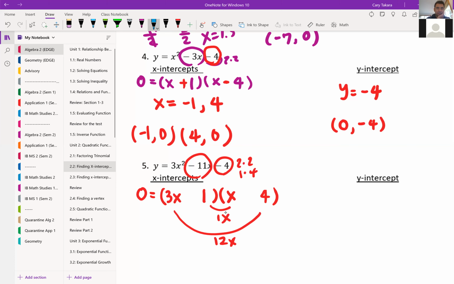If 12 is negative, 1x is positive, then if you add them together, that would be negative 11x. Yeah. And then that means 4 needs to be negative, 1 needs to be positive. Yeah. Is everybody okay on that?